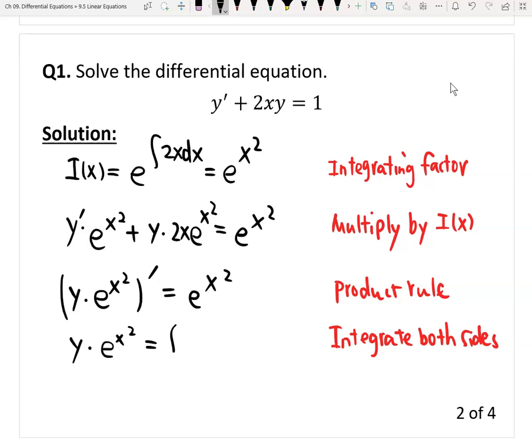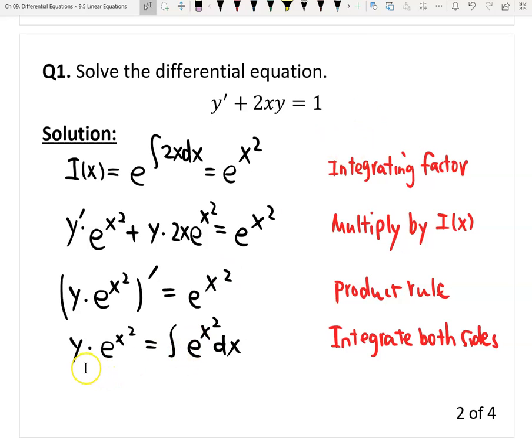Integrate the right, we get the integral of e to the x squared. I cannot get an answer for the right side because we learned this before. This belongs to the non-elementary type of integral. Do you remember? Like a Gaussian integral. So we cannot get an explicit formula. Therefore, we stop it here.